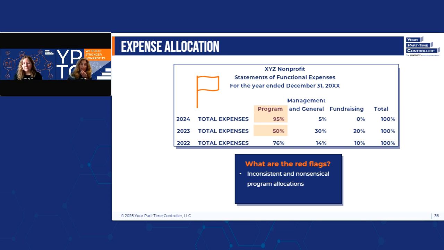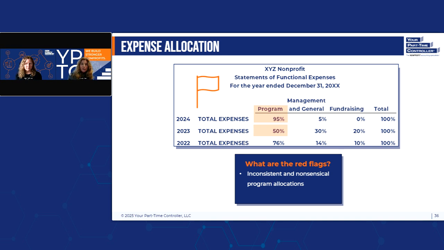Though changes in management and general ratios can fluctuate, a reasonable level of overhead is necessary for an organization to operate and grow. The fluctuating ratios may indicate potential concerns that the cost allocation process is not working correctly, that staff understanding of it is not quite there, or that the bookkeeping of when expenses are coded is not quite where it should be.